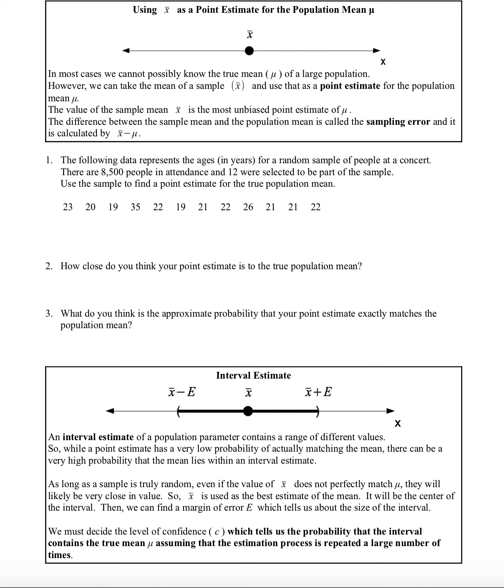What we'd want to do here is calculate x bar, because x bar is the best estimate of the true population mean. We get approximately 22.6.